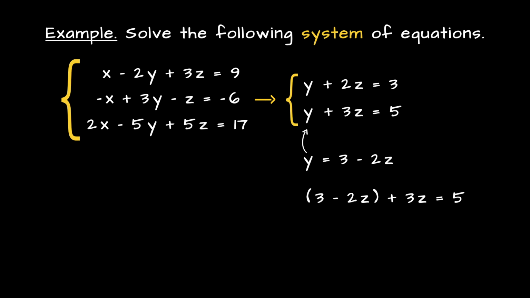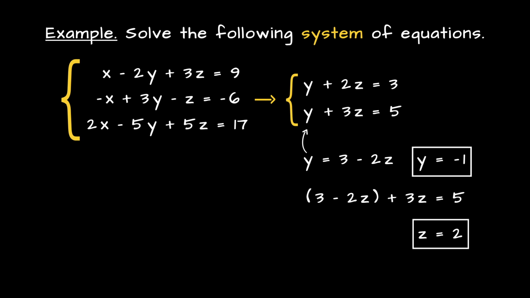This in turn means that z plus 3 equals 5, or in other words, that z equals 2. And if z equals 2 and y equals 3 minus 2z, then that must mean that y is equal to 3 minus 2 times 2, which is negative 1.